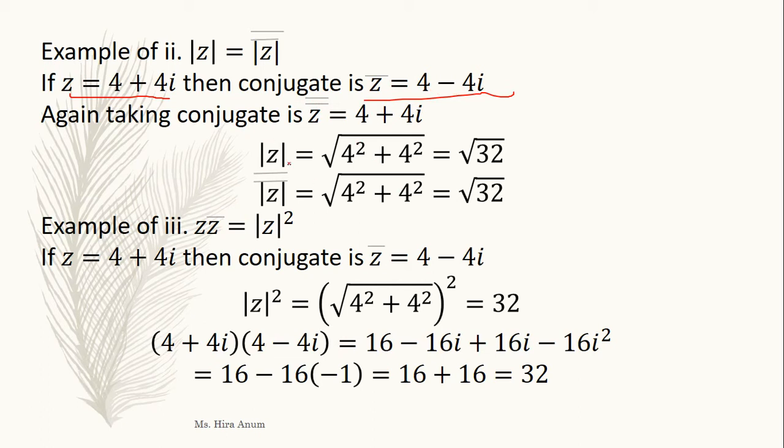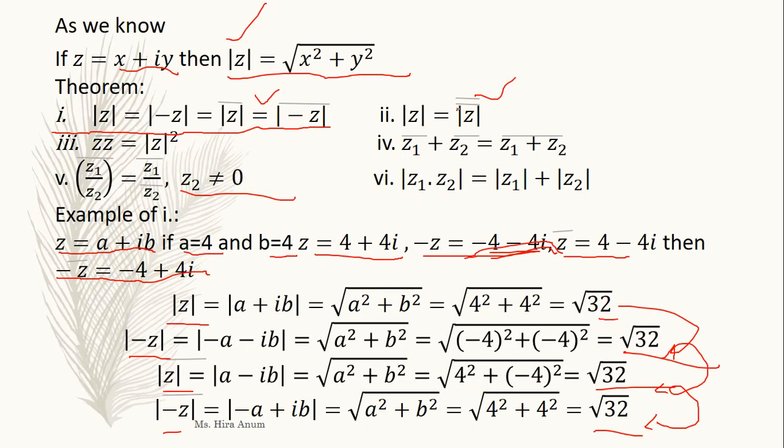So you can check the value: it is the same as z. We take the conjugate of this part and again take the conjugate, so the second part of this theorem is also satisfied.